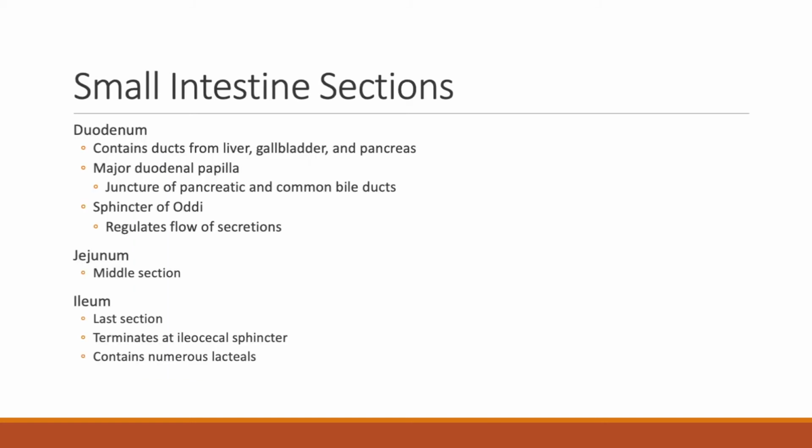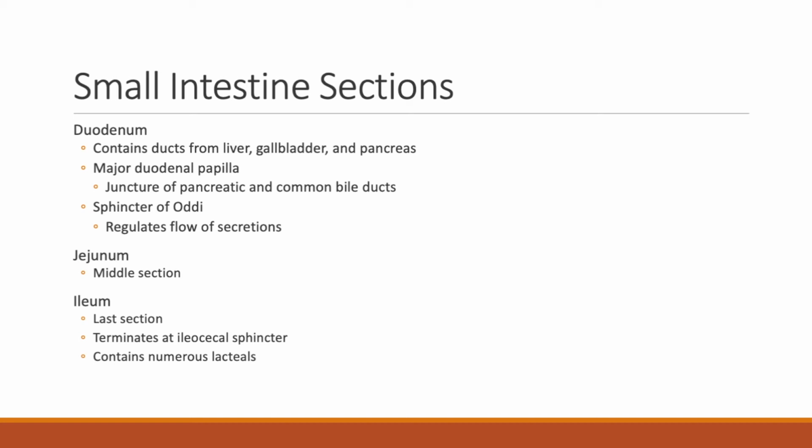Small intestine sections, you have the duodenum, the jejunum, and the ileum. The duodenum contains ducts from the liver, gallbladder, and the pancreas. So those ducts release their acids in to help break down the food. It has the major duodenal papilla right at the juncture of the pancreas and common bile ducts.